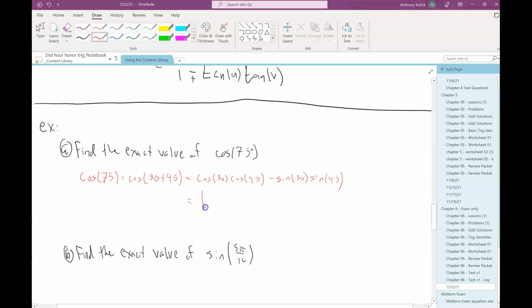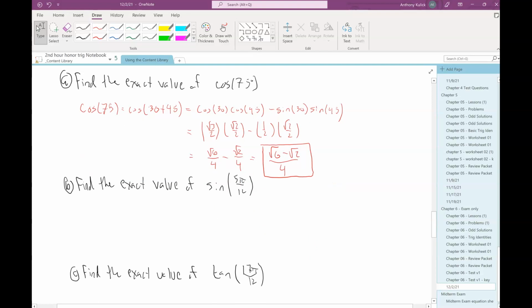So cosine 30 is root 3 over 2. Cosine 45 is root 2 over 2. Sine 30 is 1/2. And sine 45 is root 2 over 2. When I multiply these fractions together, I end up with root 6 over 4, and then root 2 over 4. So I'm just going to write these together as a single fraction as root 6 minus root 2 all over 4. That's it.